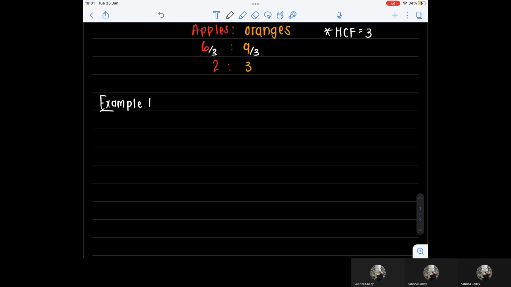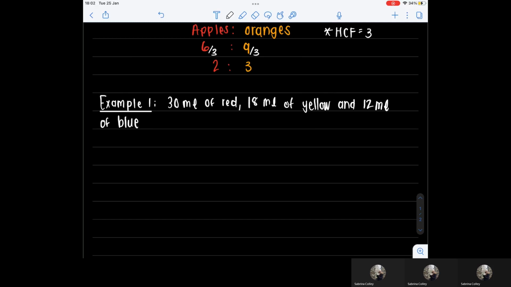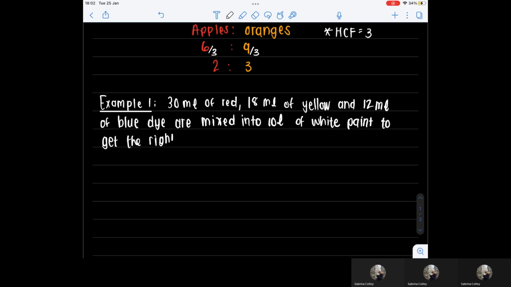So this will be example 1. So say now I've got 30 milliliters of red, 18 milliliters of yellow, and 12 milliliters of blue dye are mixed into 10 liters of white paint to get the right color.